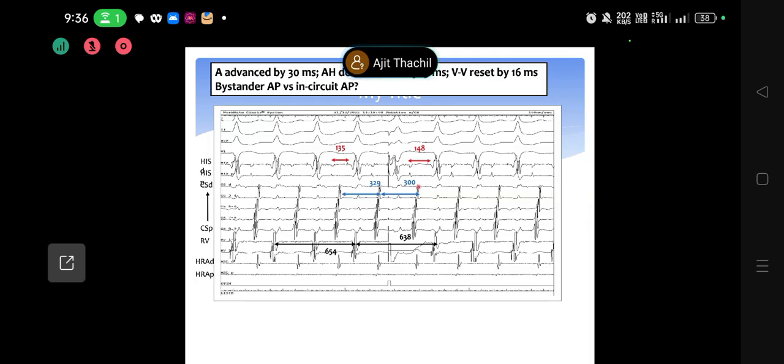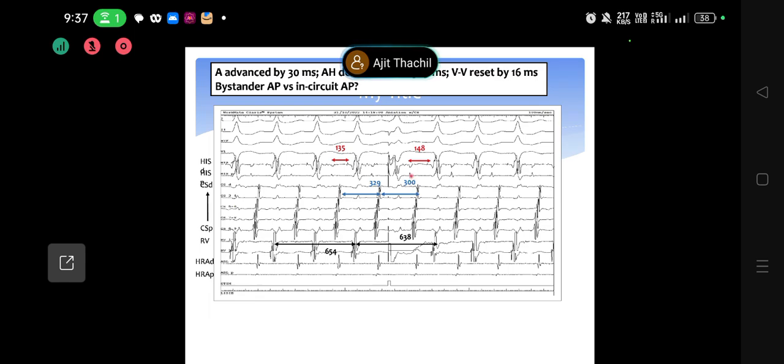And what has happened to the ventricular activation? The two ventricular activations that we measured, 654 became 638. So the early AA has transmitted to an early VV, which means this early A is actually attached into the circuit.